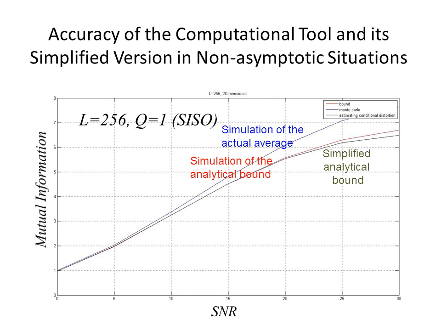The blue curve, which is the simulation of the actual average, is essentially based on generating a lot of different constellations, each with 256 points, with IID Gaussian distribution for each point, computing the capacity of that constellation over an AWGN channel and averaging those capacities.